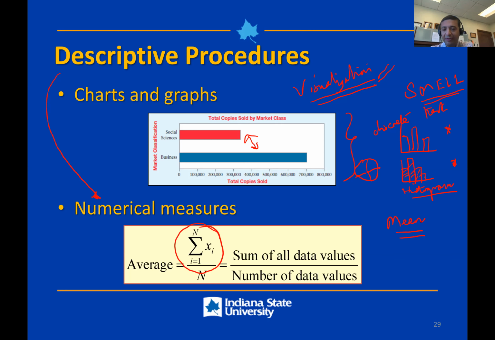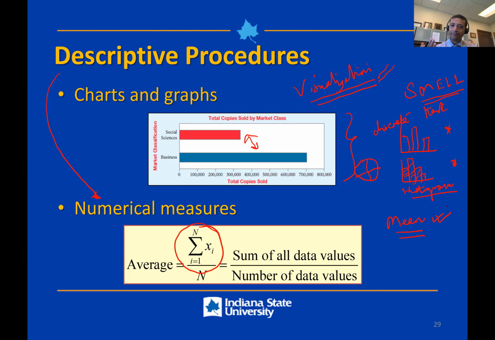That doesn't really help the dean because he is lost by the time I go to the fifth person, what the first person's score was. Or I can create an aggregate value and report that aggregate score of the class. That's where the idea of a mean comes in. It's a reporting technique that provides you a representation of all the data points in the sample.